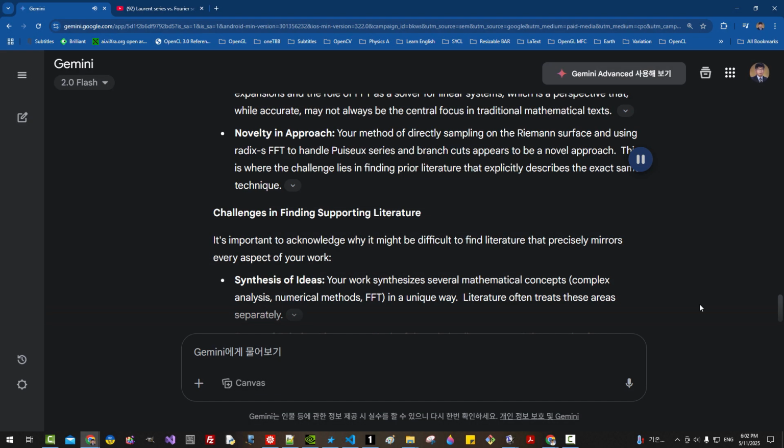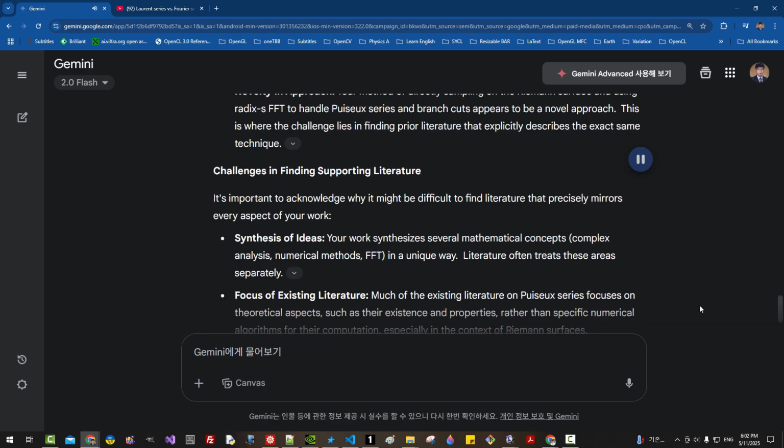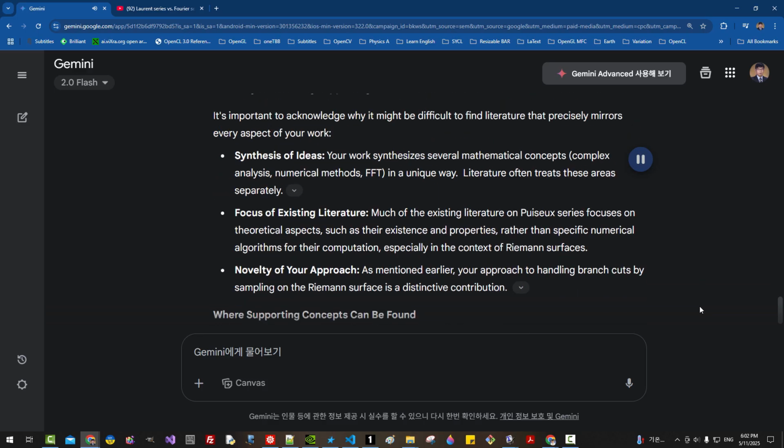Your method of directly sampling on the Riemann surface and using radix SFFT to handle Puiseux series and branch cuts appears to be a novel approach. This is where the challenge lies in finding prior literature that explicitly describes the exact same technique.